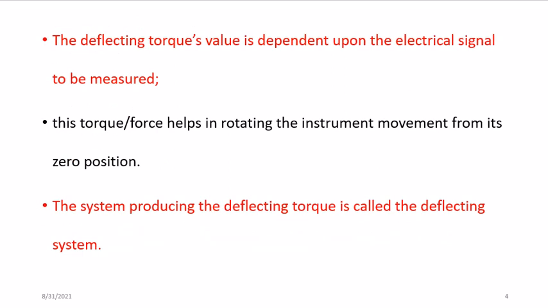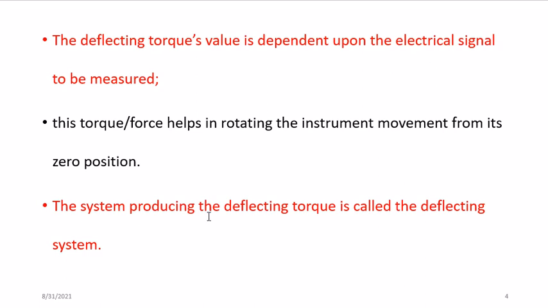So the deflecting torque's value depends on the electrical signal we are trying to measure. And this torque, the deflecting torque, is the one that helps in rotating the instrument movement, that is, from the 0 position to a particular point depending on the magnitude of the electrical signal we are measuring with that analog instrument.